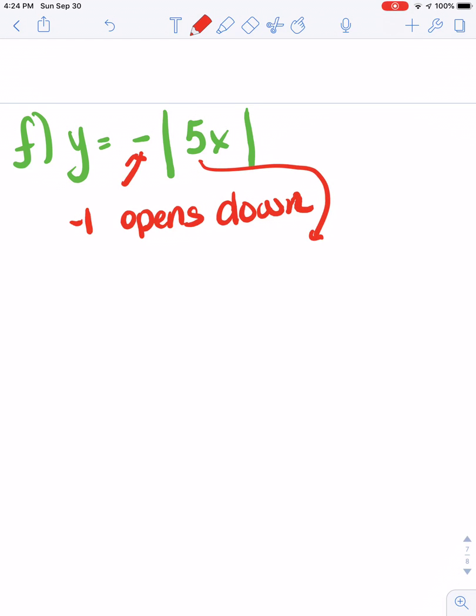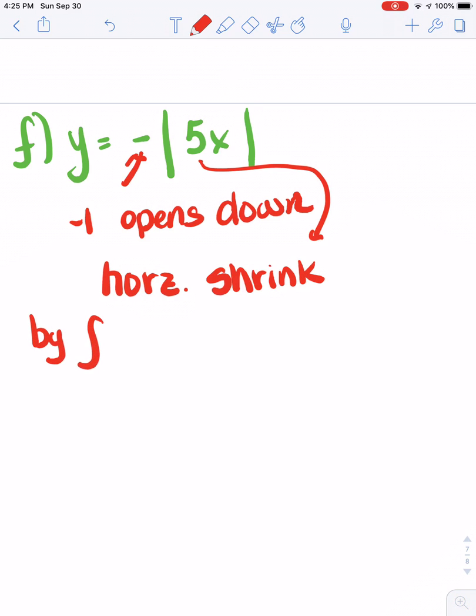If there is a 5 inside, first of all, if the number is inside, that's horizontal. If the number is bigger than 1, that means that it's a shrink. And whatever that number is, it's going to be by a factor of 5. Now, it would still be a factor of 5 even if there was a negative inside of there, because remember, we consider what the number is without the sign.